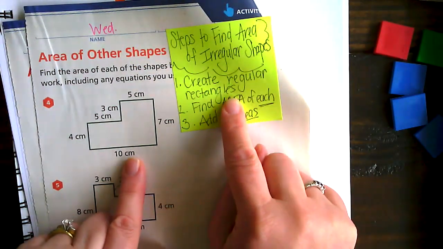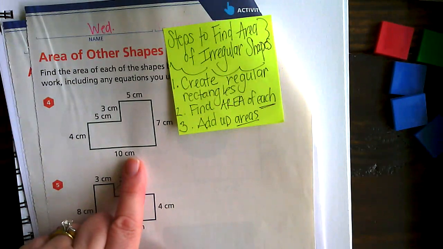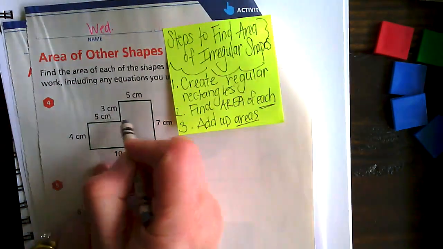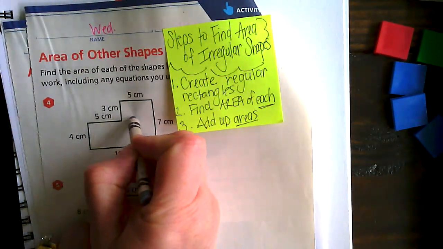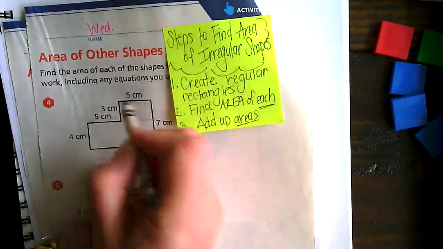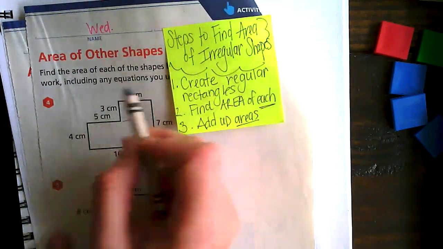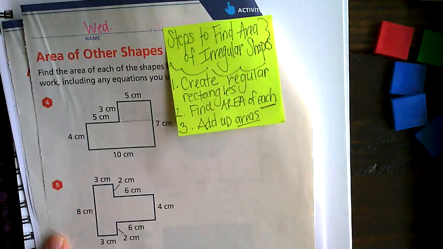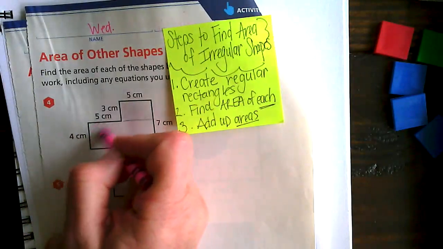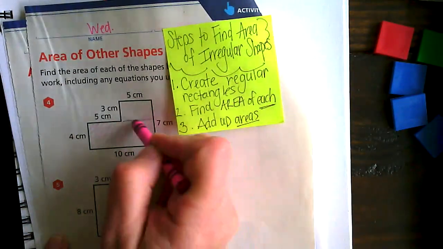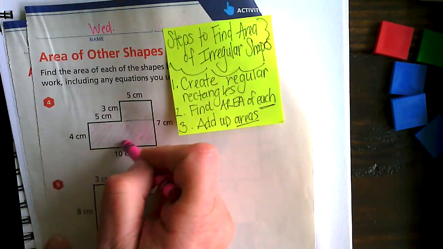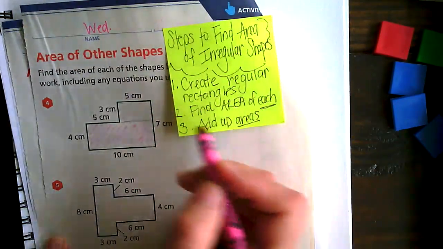So go ahead with your pencil or with your crayon. Let's create regular rectangles. There we go. There's one. Go ahead and lightly shade it. And lightly shade the other one. It's nice to use two different colors so the two rectangles stand out.